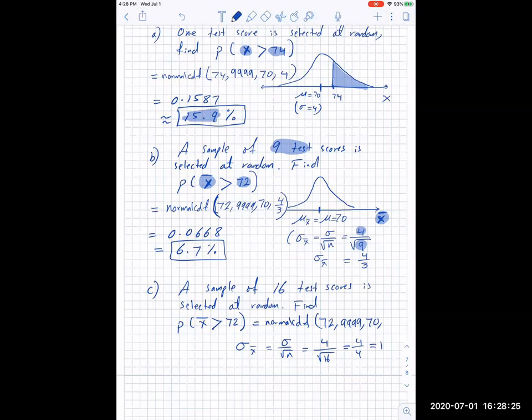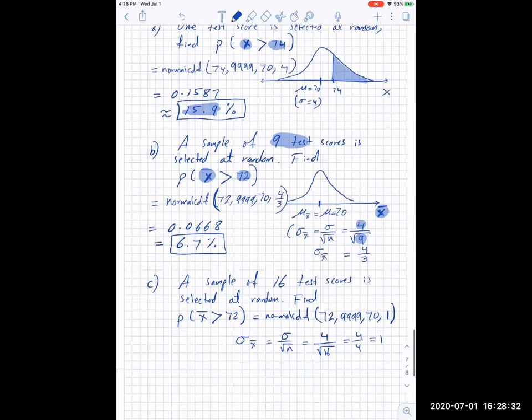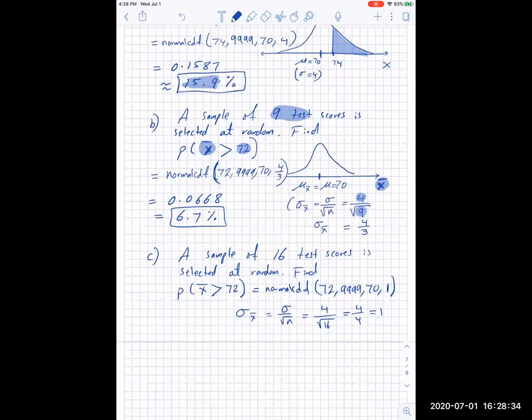So here I'm going to put 1 for the standard deviation for these samples. And the result is, I'm sure it's going to be a much lower percentage.